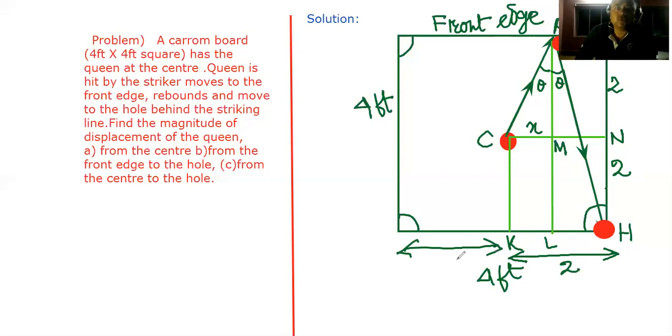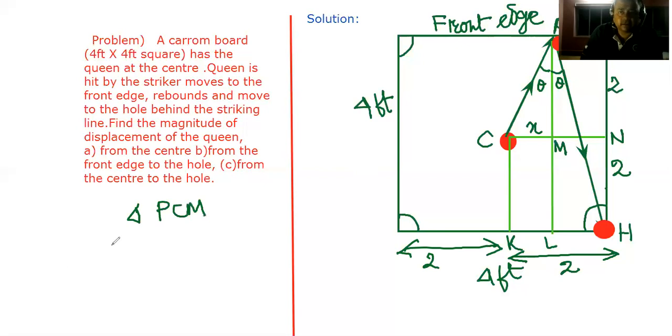One thing is very important over here. If I consider this triangle, let me name it PCM.